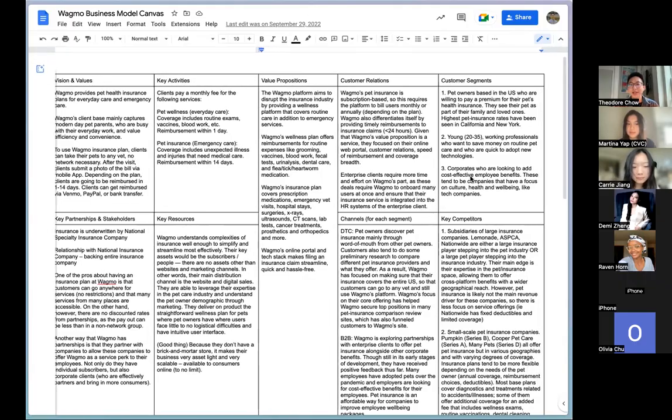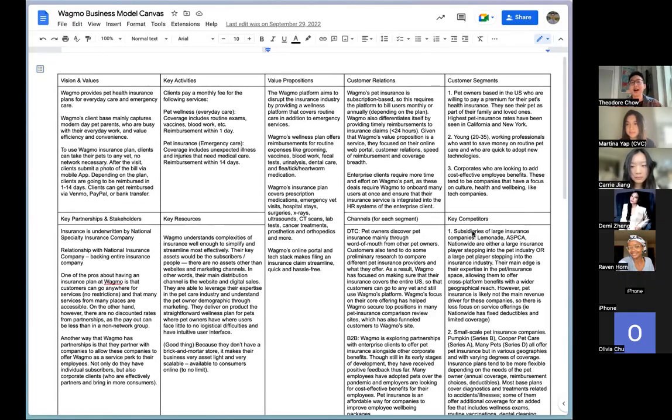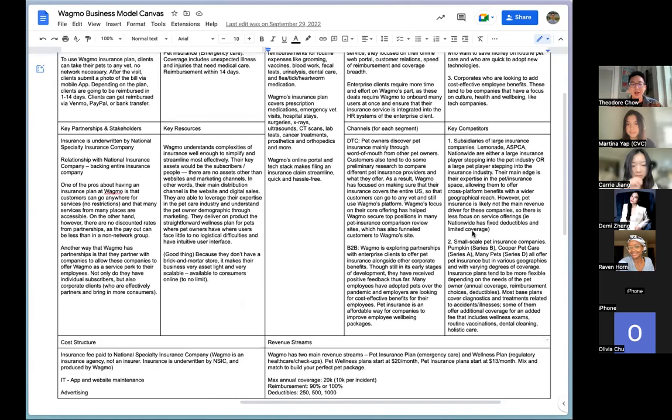I guess it depends on what the nonprofit does. For example, a nonprofit would probably have fewer revenue streams, or there might be revenue streams, but they're being donated to something else for a cause.